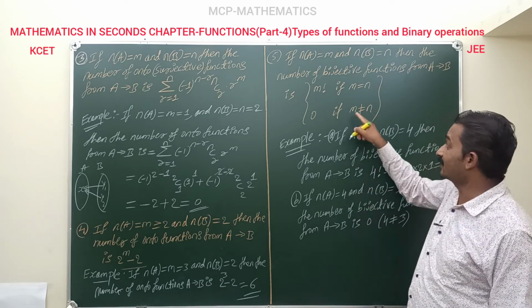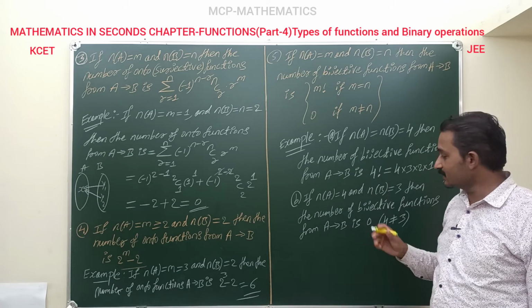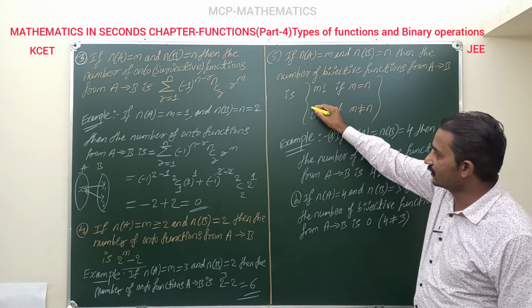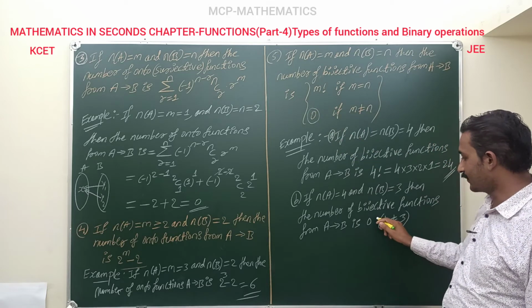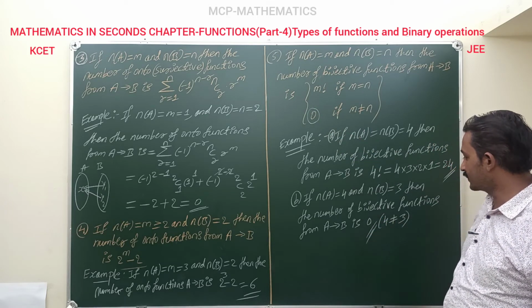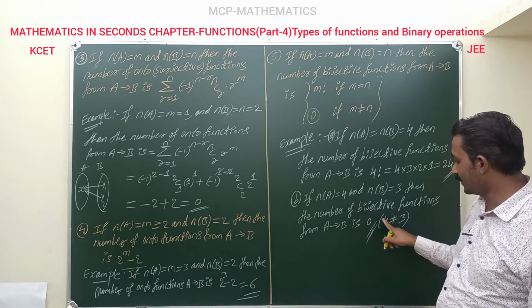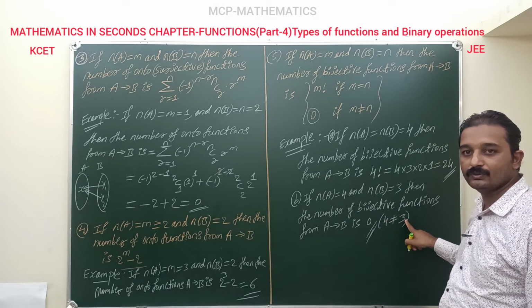It means m is not equal to n. So if m is not equal to n, the number of bijective functions is 0. We can use this formula directly. We can write the number of bijective functions from A to B is 0, because here 4 is not equal to 3.